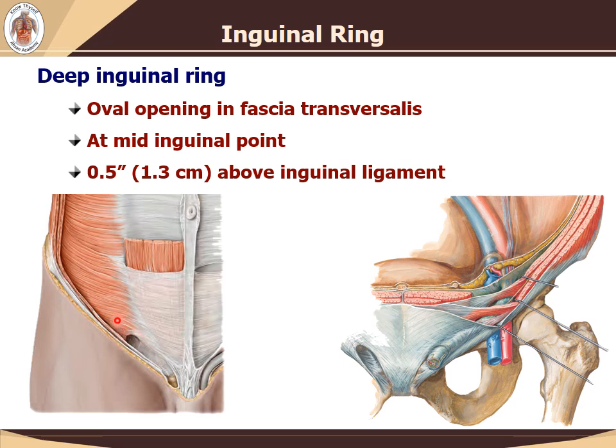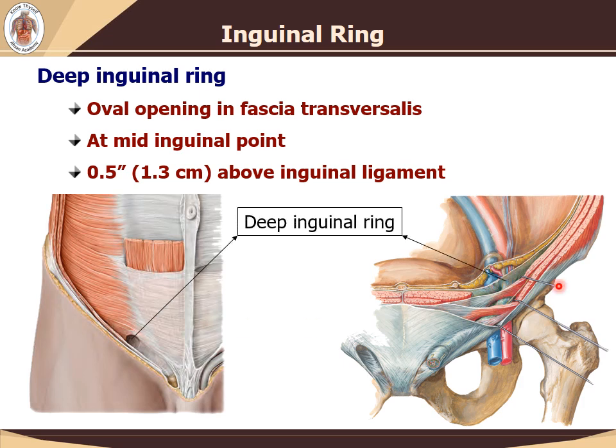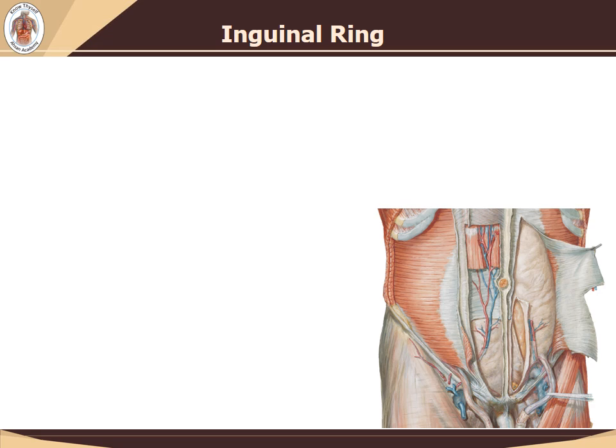So it is the midpoint between these two points, the anterosuperior iliac spine and the upper part of the symphysis pubis. If we draw a line at the midpoint, you will get the deep inguinal ring, and it is in the fossa transversalis. You can see this is the deep inguinal ring shown on the right side figure.